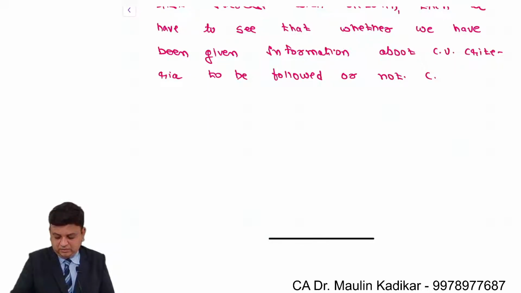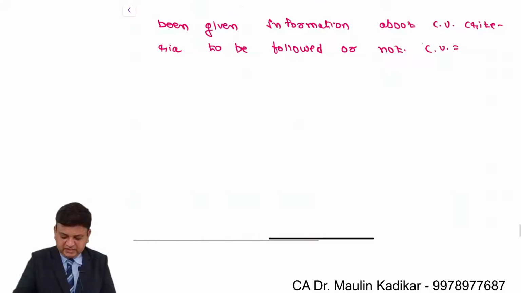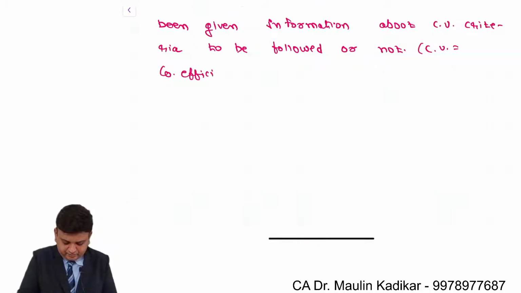In bracket write down CV is equal to coefficient of variation.